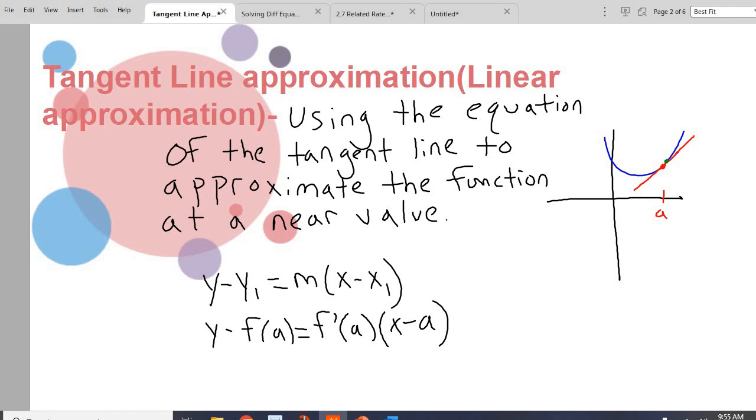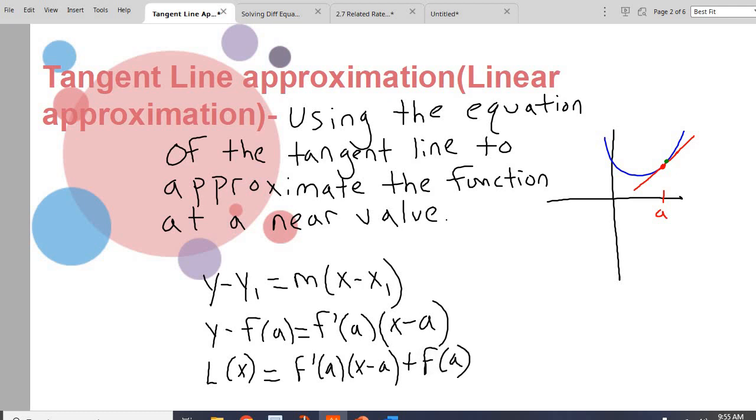Again, it's just putting it in a nice formula form. But then what we tend to do is, because we call this a linear approximation, we're going to label my Y as an L of X. So I have F prime of A times X minus A, and then I'm just going to add that F of A at the end.